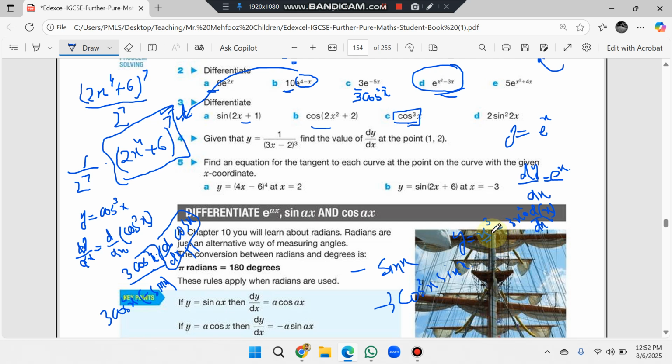We skipped it because the derivative of x, dx by dx, is equal to 1. That's why we skipped this step in the power rule. But here in this case we have a function other than x, that is cos x, so we also have to differentiate this cos x. Understand or not?